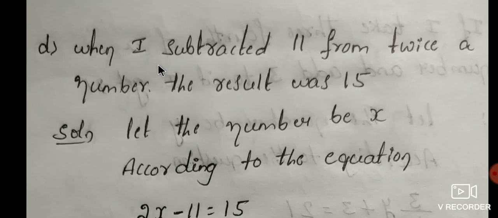When I subtracted 11 from twice a number, the result was 15.